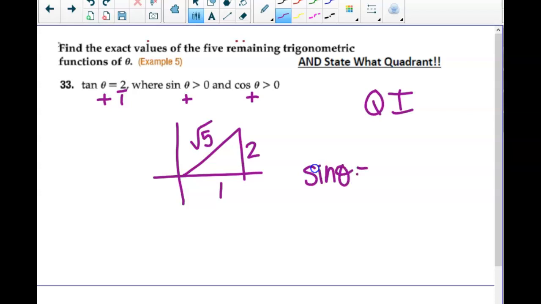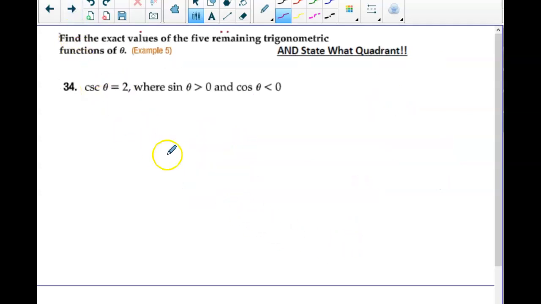It only asks for 1, by the way. Sine would be opposite over hypotenuse, or 2 square roots of 5 over 5 after I rationalize. I'm more concerned that you can draw them. I assume you could find any function I asked for. I'm kind of scared assuming that, but okay.